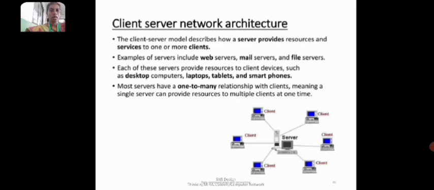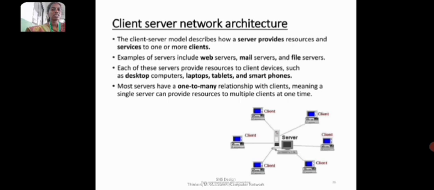After this, we can see about client-server network architecture. The client-server model describes how a server provides resources and services to one or more clients. Examples of servers include web servers, mail servers and file servers. Each of these servers provides resources to client devices such as desktop computers, laptops, tablets and smartphones.